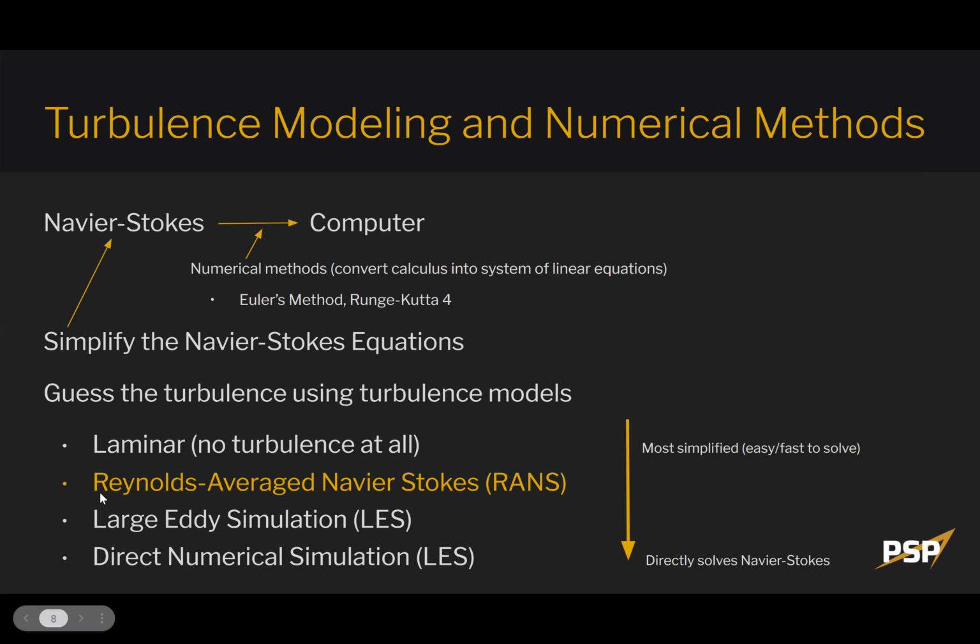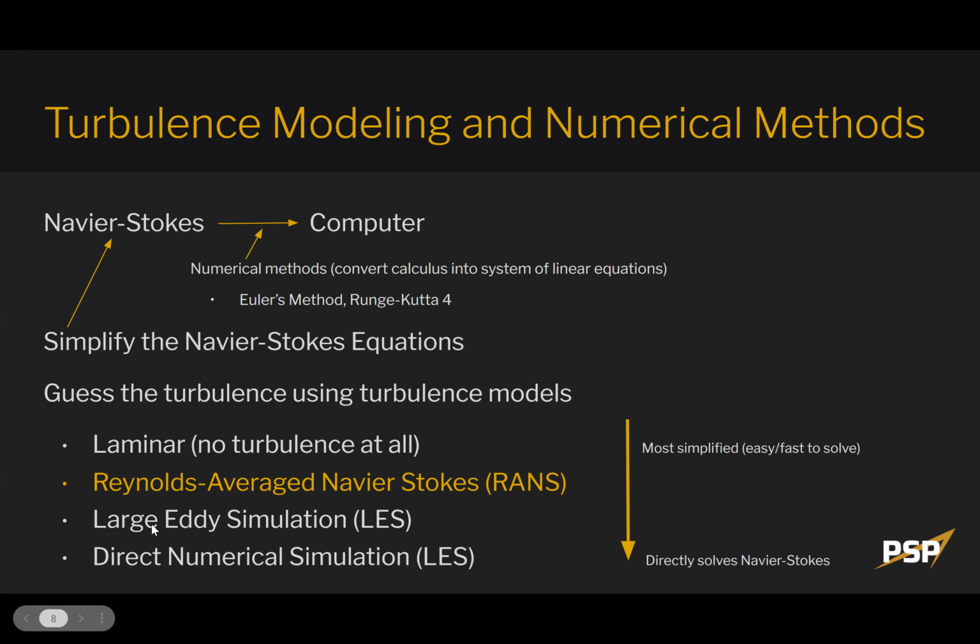But this is probably the easiest one to use, takes the least amount of time, what we'll be using on our rocket teams, and also it's proven to be pretty reliable. If you don't want exact answers, you just want to know how your flow is going to move around and whatnot, RANS is where you would go probably.